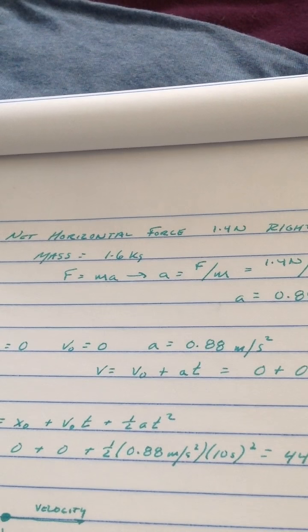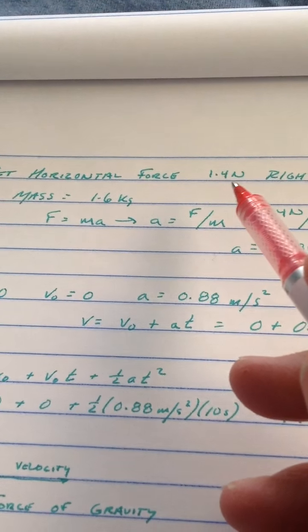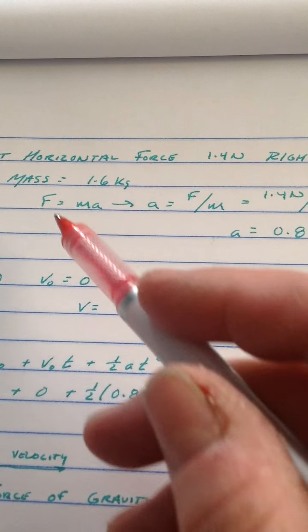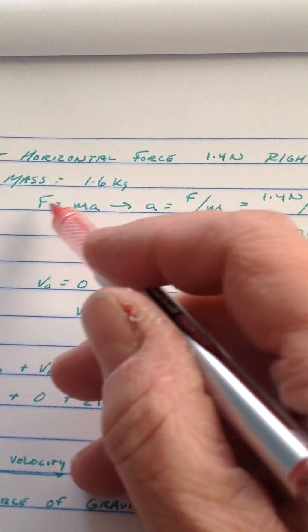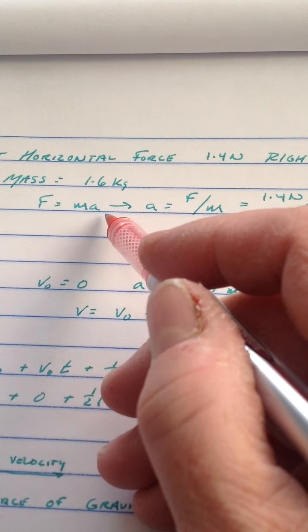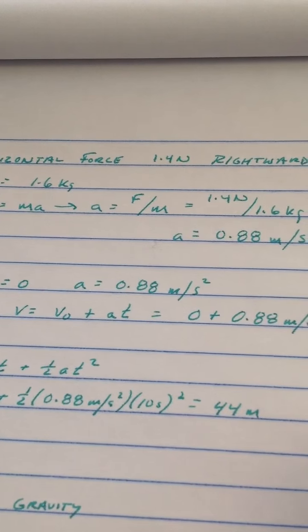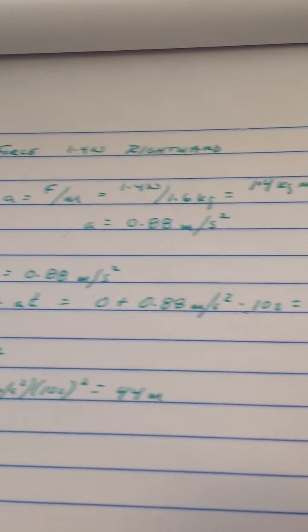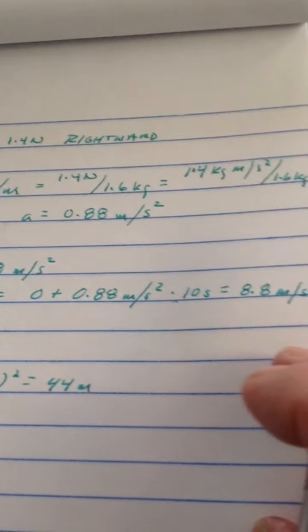So we know that we have a net horizontal force that we calculated before of 1.4 newtons, in the rightward direction. Mass is 1.6 kilograms. Rearrange our traditional F equals ma to be a equals F over m. Acceleration is force divided by mass, Newton's second law. Plug in our numbers.